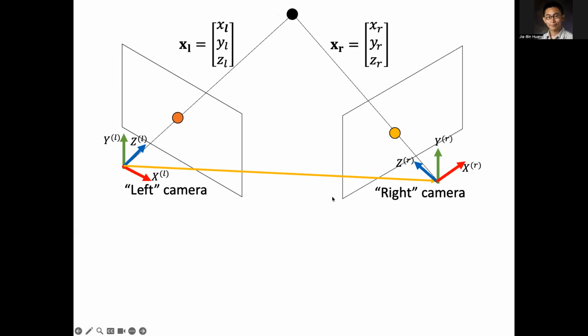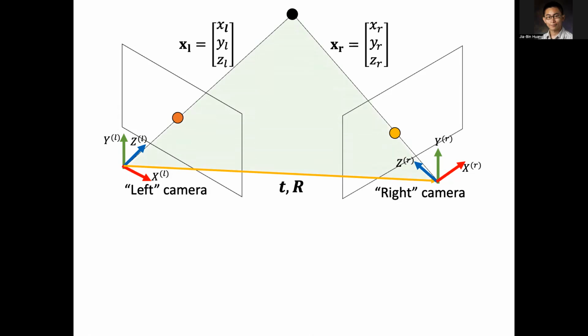Okay. And there's a relationship between these two coordinate systems, right? The two coordinate systems are related by a translation and rotation. There must be some translation applied to the left camera to get here, and a rotation, right? So it's described by rotation and translation. All right. And then we talk about there's a plane here that connects the two camera centers and the 3D point in space.